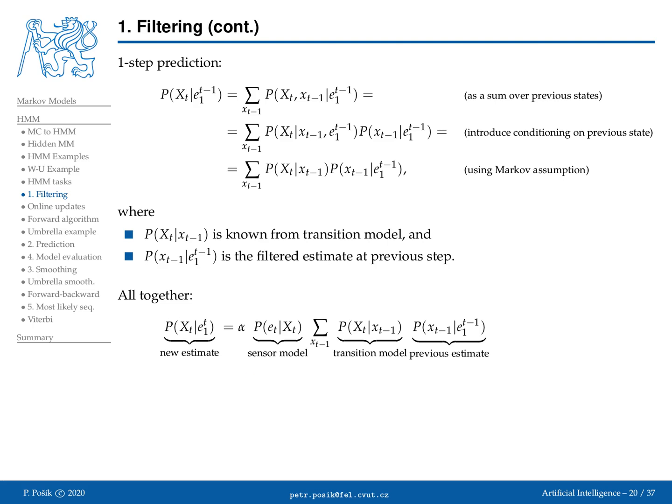So altogether, the filtering algorithm is expressed using this equation: the new estimate is just a normalization using the sensor model, the transition model, and the previous estimate of the states.